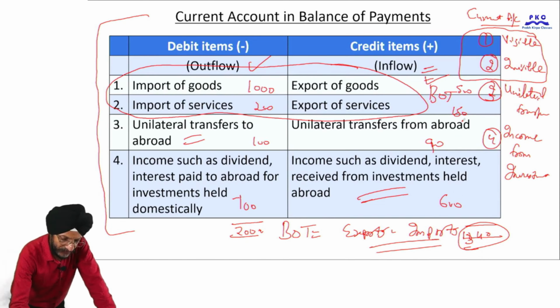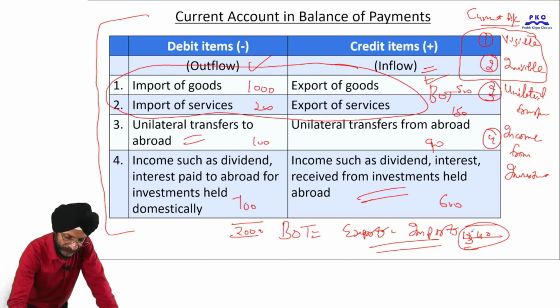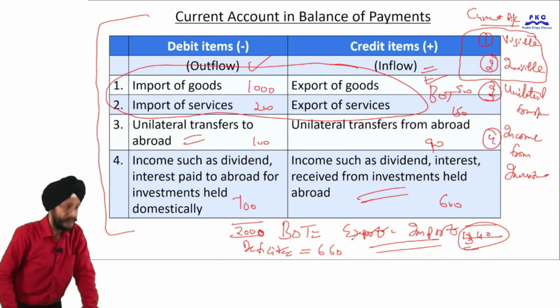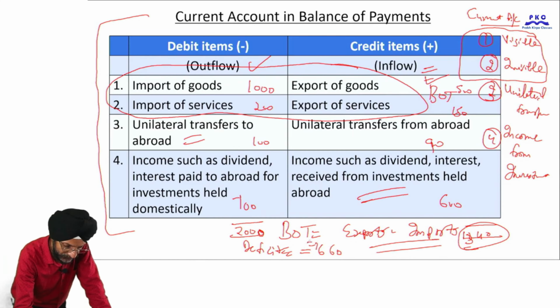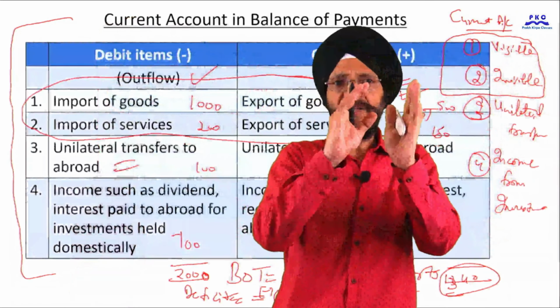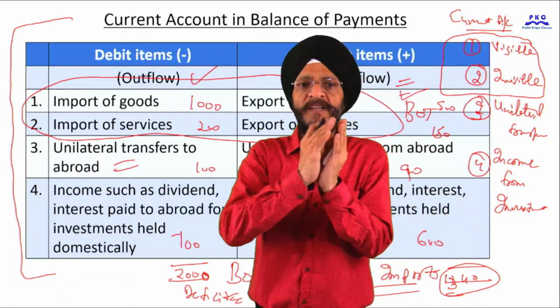You can see that here inflow is less, whereas outflow is more. So here is a deficit of 660. It is deficit minus 660. The figures are in negative. Here the current account is in deficit.